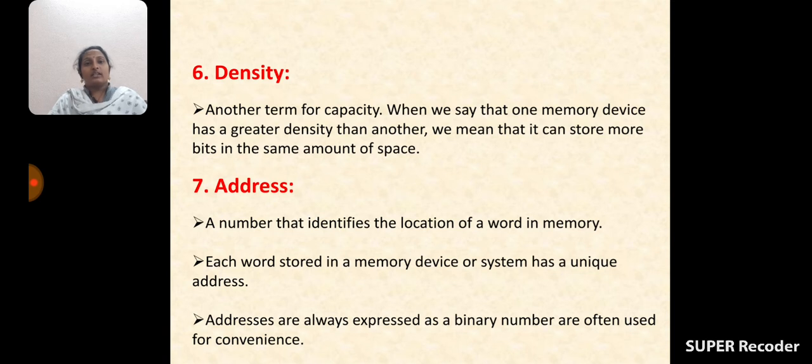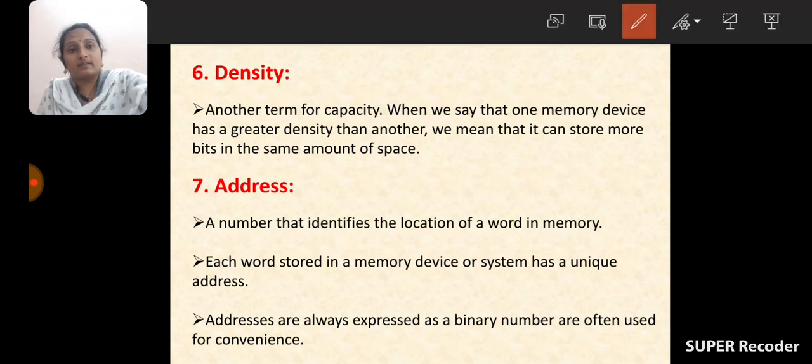The addresses are always expressed as binary numbers, often used for convenience. The addresses are indicated with 0000, 0001, 0010, 0011. In place of decimal, we address the locations with binary numbers like this.